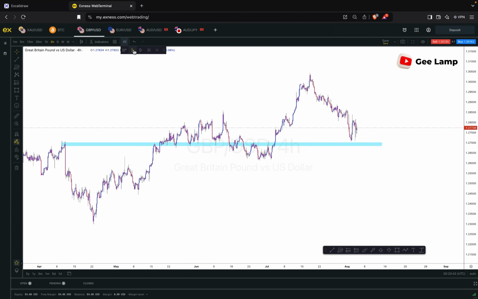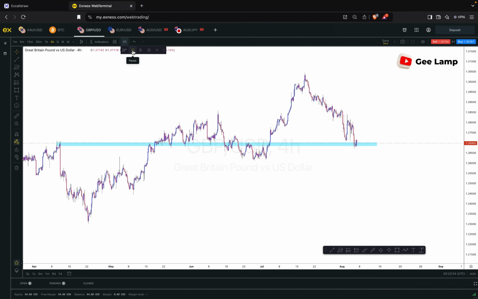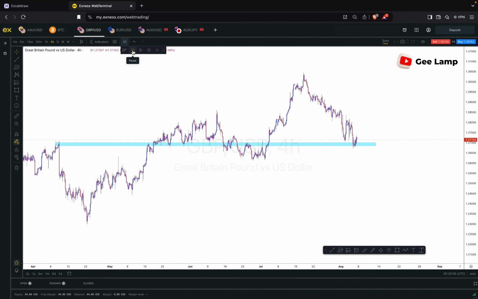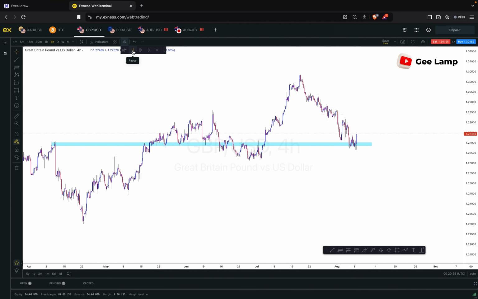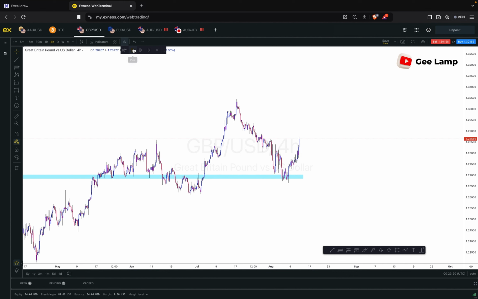Okay, so now let's play the market and let's see how price reacts. Good, so price had tapped into that area. So we wait patiently. So here we can see that price had strongly closed above this level here.